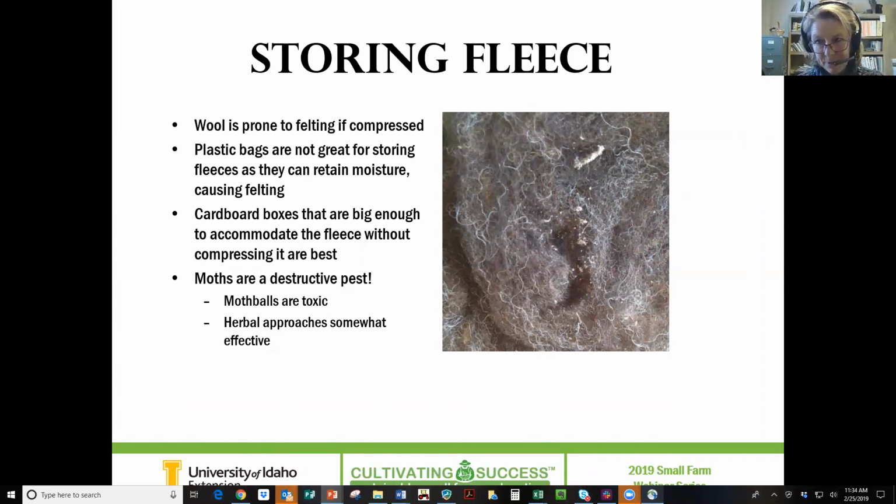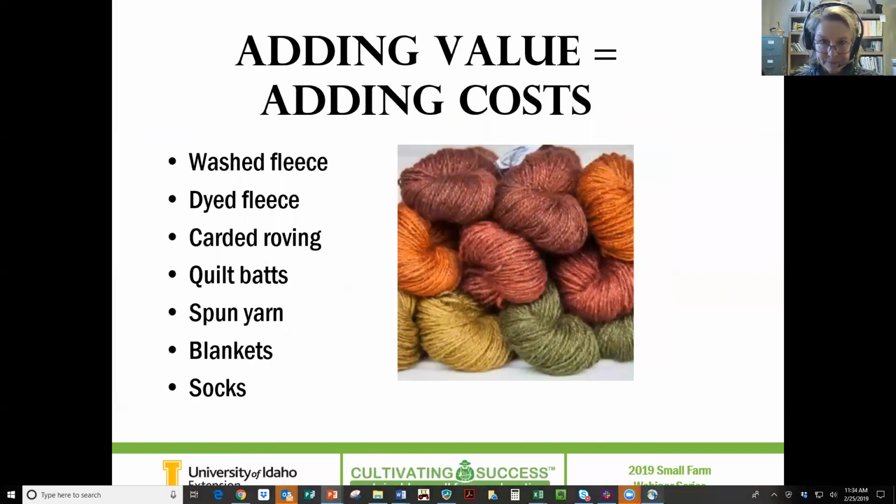And if you're buying things and you don't want it to get damaged, then of course you wash it, because dirt and grease are what attracts the moths. I guess one of my biggest lessons I learned was that adding any kind of value, which costs money, was very, very hard to recoup when you went to sell it. Some things you could, but in terms of going from a raw fleece to anything else, it was extremely hard to make it pay.